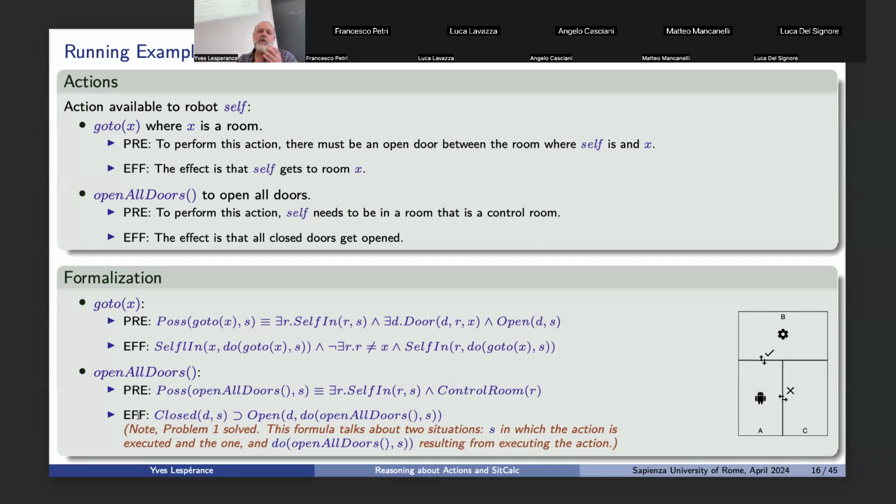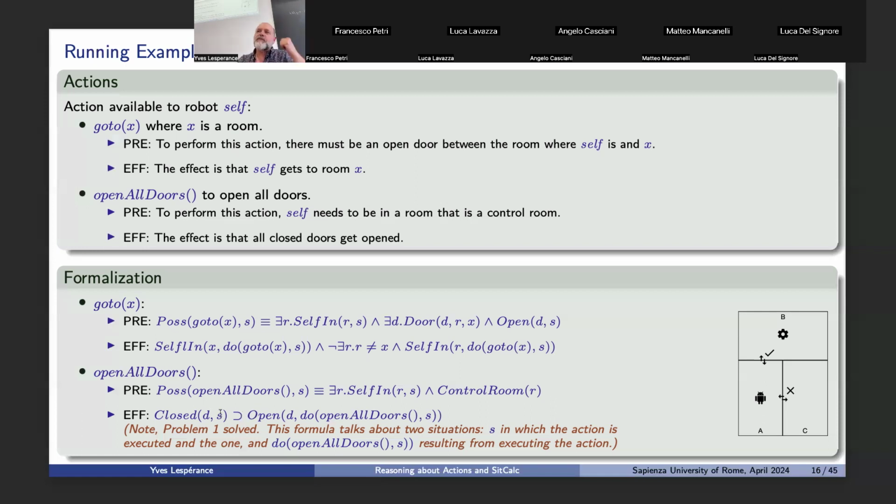So if you're not open and you do open all doors, you become open. Notice in this example there are two different situations in this sentence.